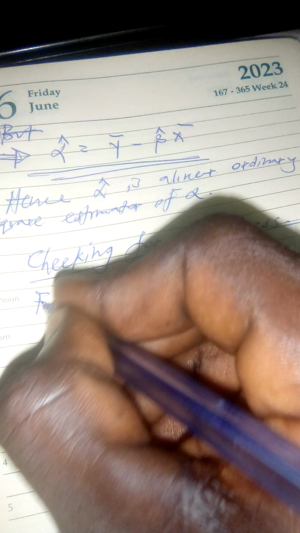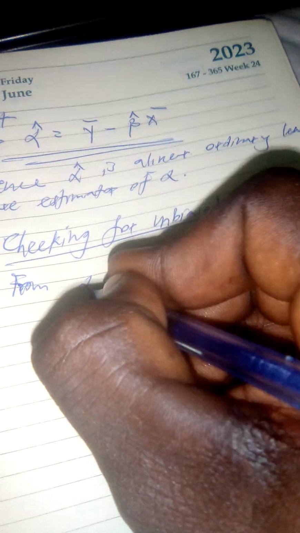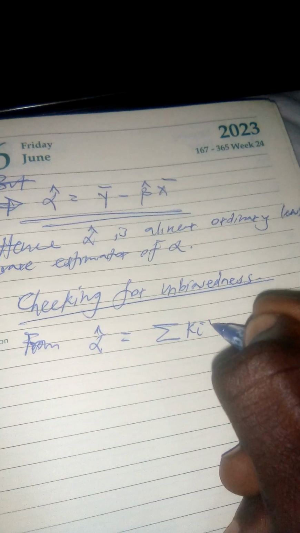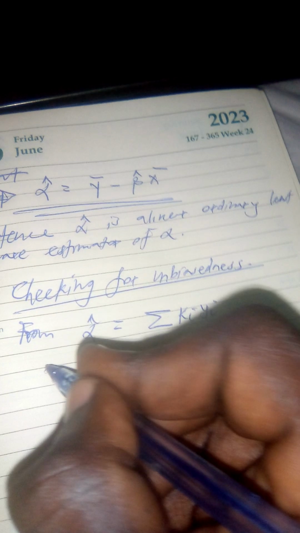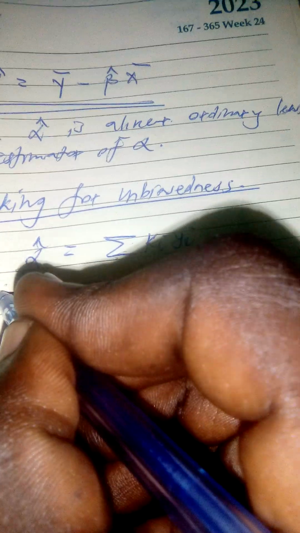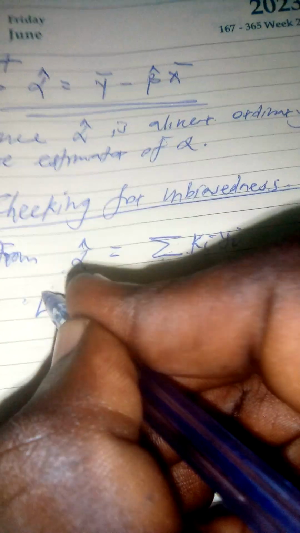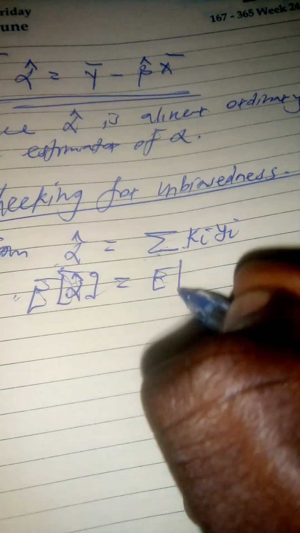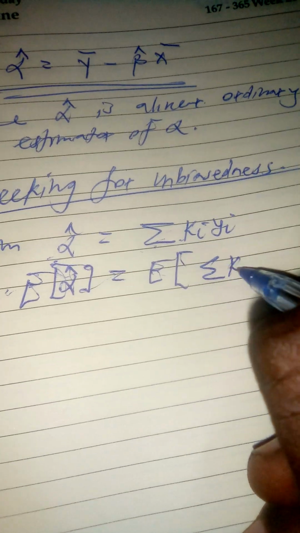From previously, you know that alpha hat we defined as the summation of ki yi, but we are going to take expectations both sides. So the expectation of alpha hat will equal the expectation of the summation ki yi.